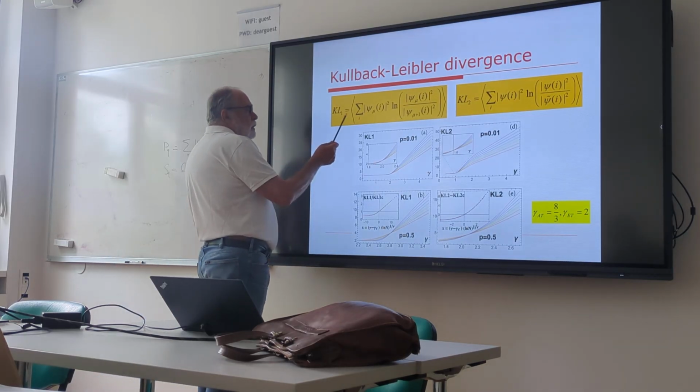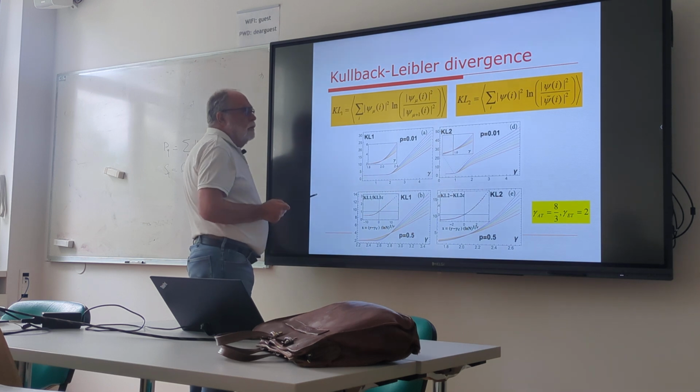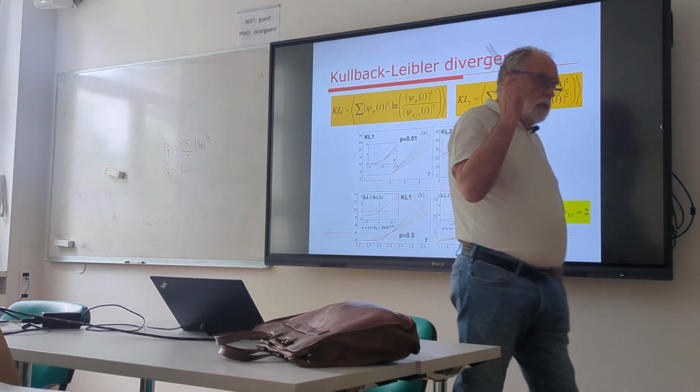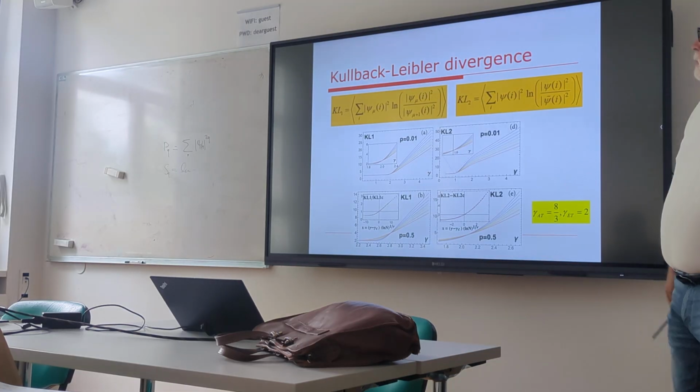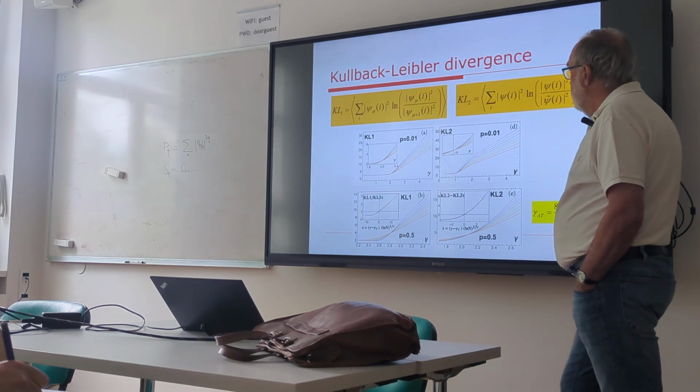And there is one very useful measure which is called Kullback-Leibler divergence. It was invented by these people, but not in connection with random wave functions; it was in connection with the stock market and fluctuations in it.